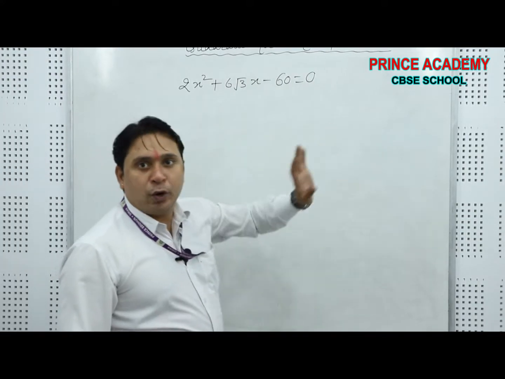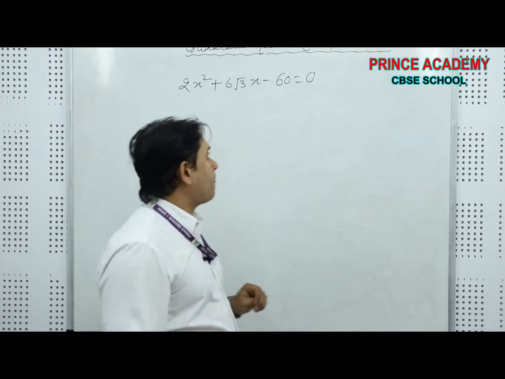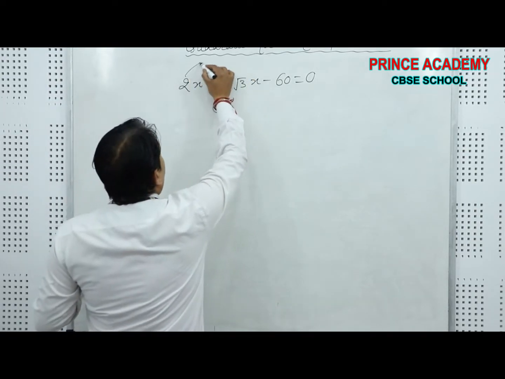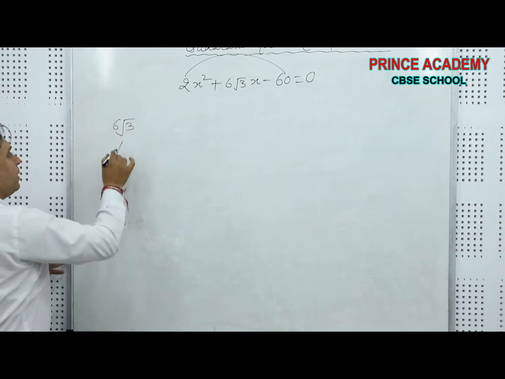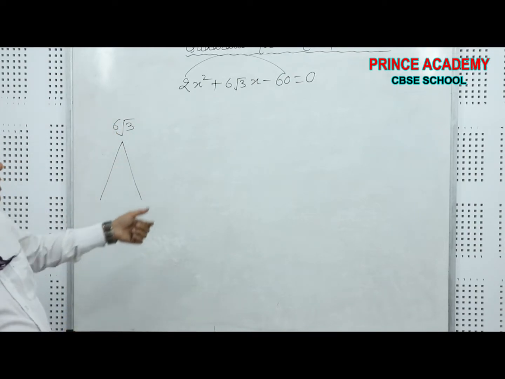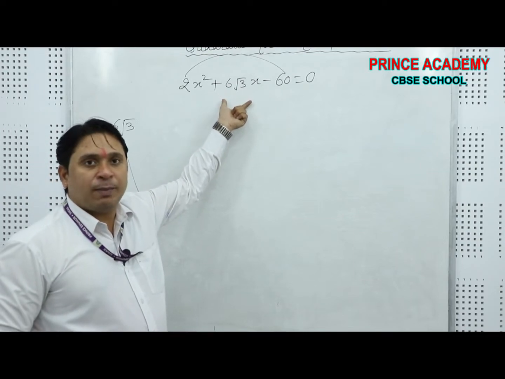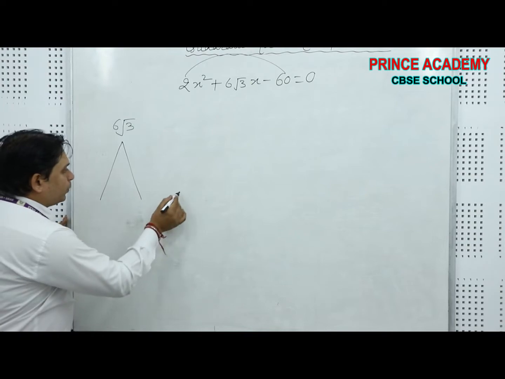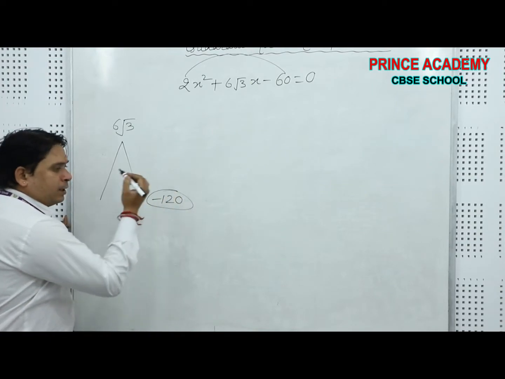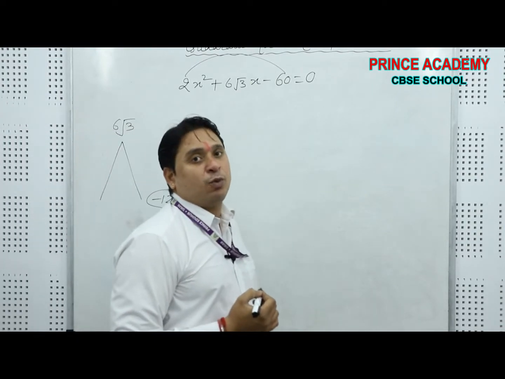What we have to do here, once you see, according to question, 6 root 3 should be broken, and the product of the both parts should be minus 120. Okay, minus 120.